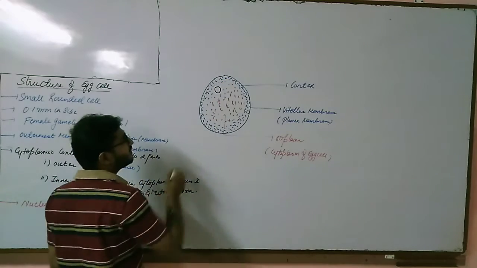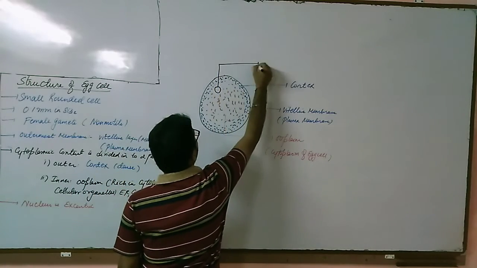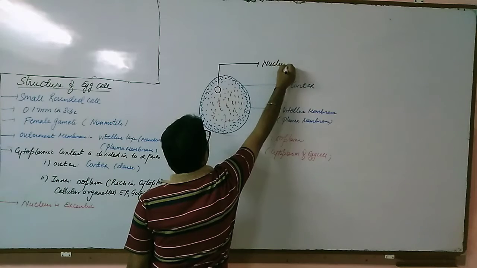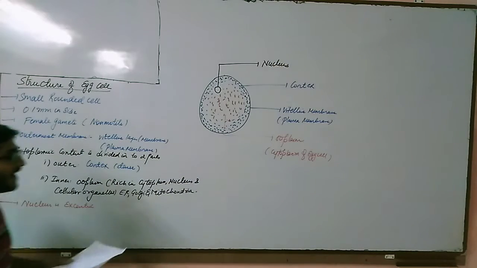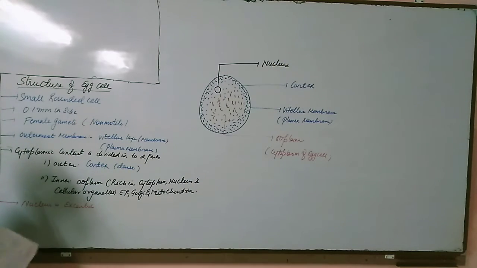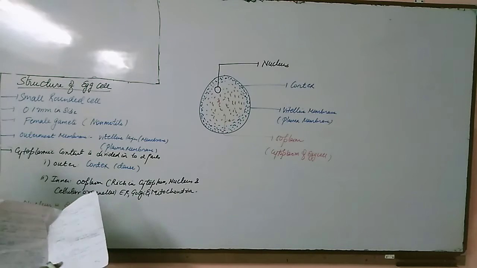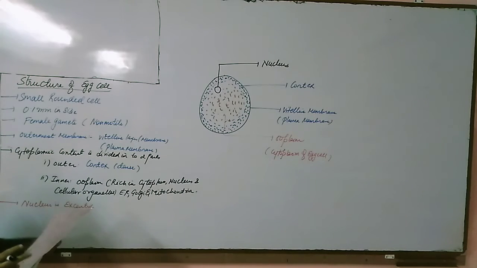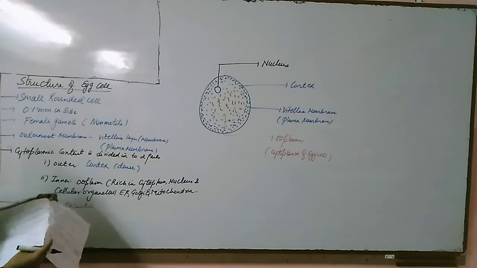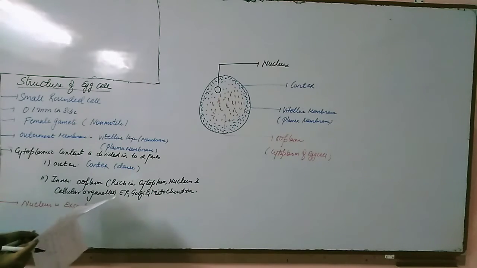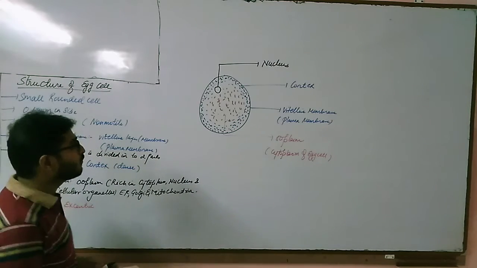So let us say this is the nucleus of the egg cell and the arrangement is called eccentric arrangement and the nucleus is called eccentric nucleus, and this is also called germinal vesicle.